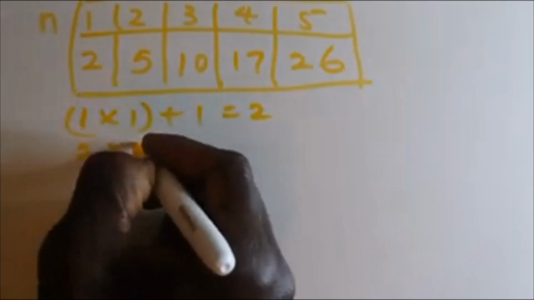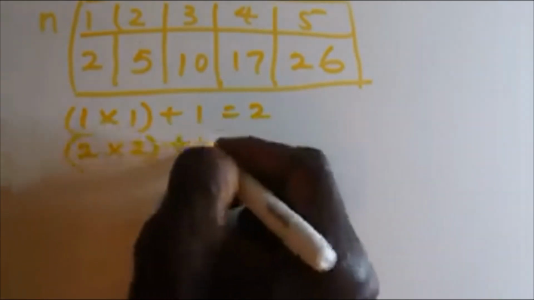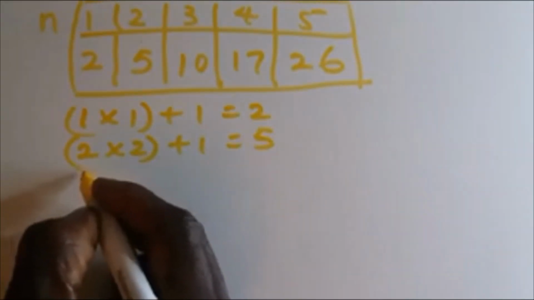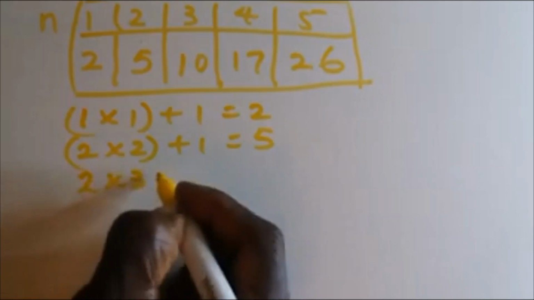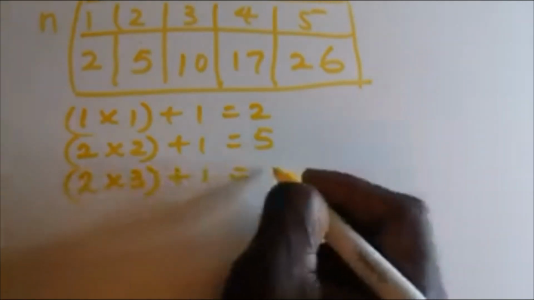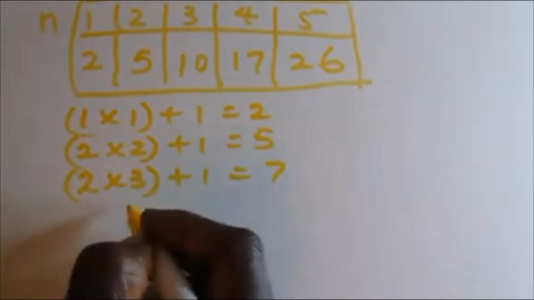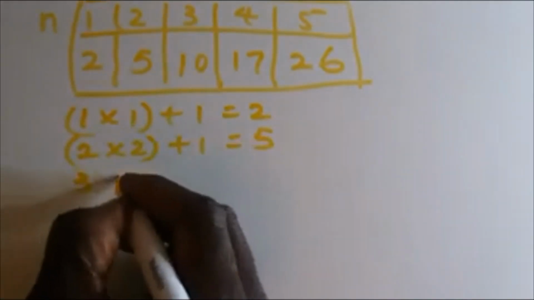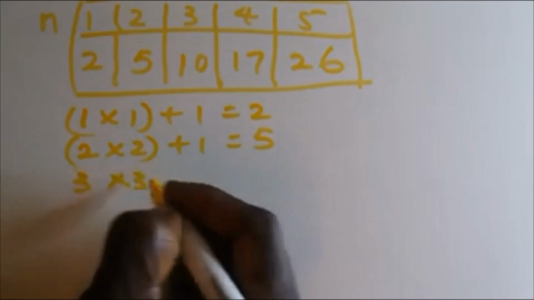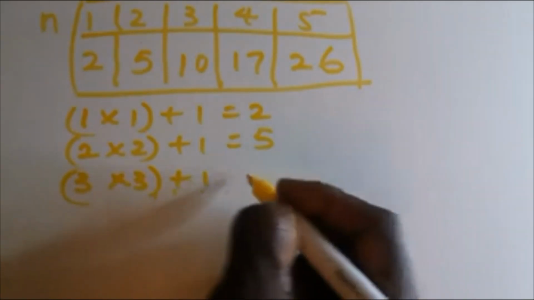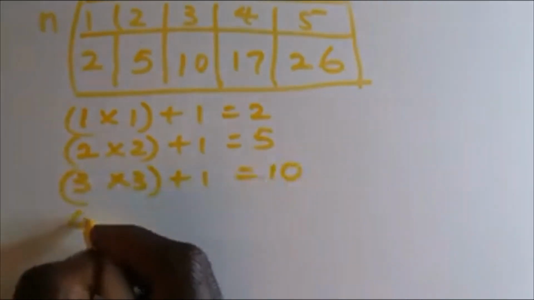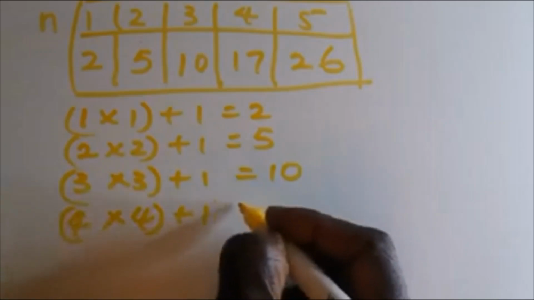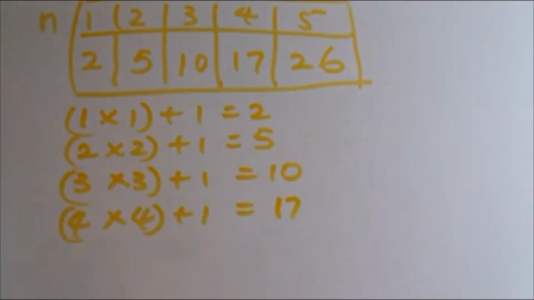We have 2 times 2, add 1 will give us the second term. 2 times 3, add 1 will give us, oh sorry, I made a mistake there, 3 times 3 add 1 equals 10, 4 times 4, add 1 is equal to 17, and so on.